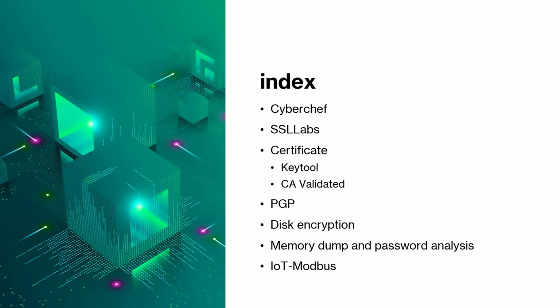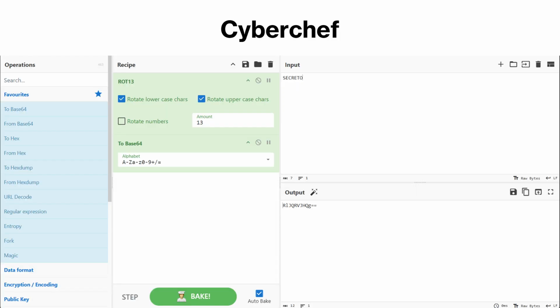I start with CyberChef. CyberChef is a free and open source web tool created by the UK government that allows you to manipulate code, encode, and analyze data in a simple and repeatable way.